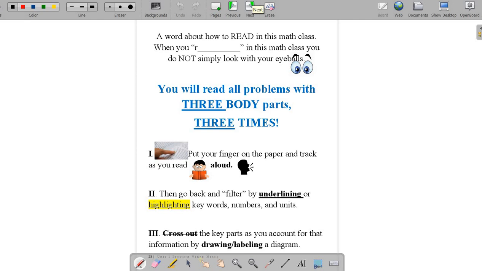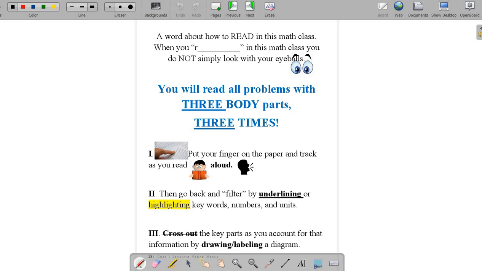Now comes the fun part. We're going to start taking the geometry alphabet and making geometry sentences. Now, what are geometry sentences? They are pictures, because geometry is all about the pictures, diagrams.